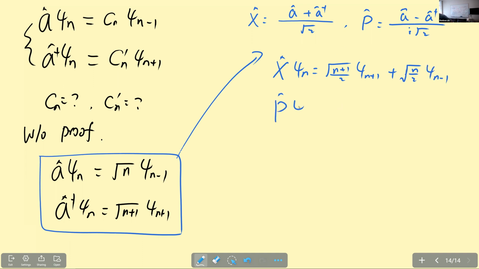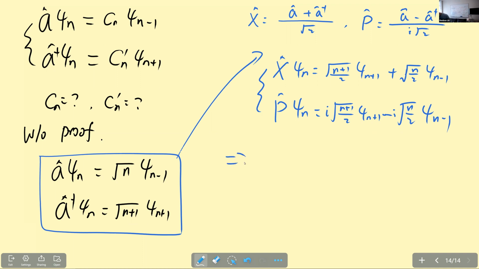And the momentum operator acting on this one will equal, there's i right here, right? So there will be plus i √((m+1)/2)|m+1⟩ and a minus i, sorry, minus i √(m/2)|m−1⟩. So you just use the action of these raising and lowering operators.